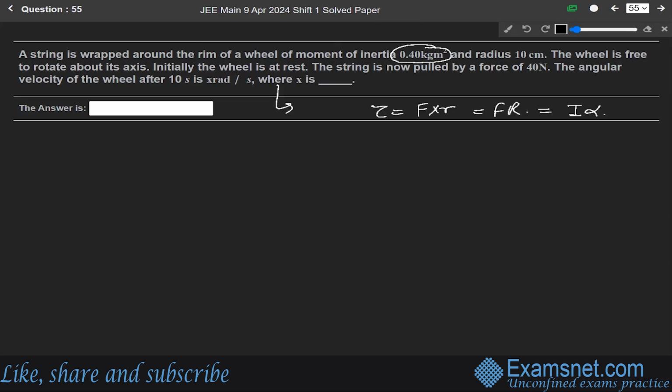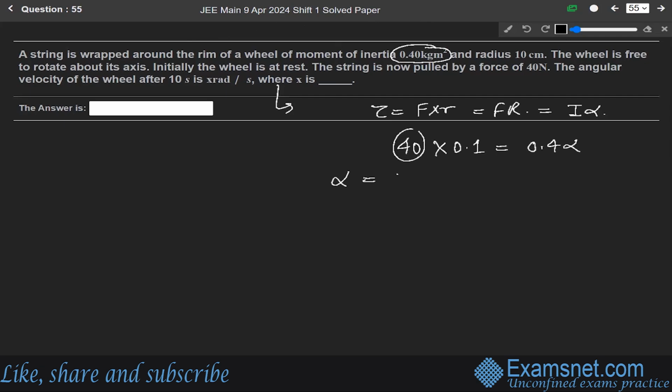So it will be 40 into 0.1 equal to 0.4 alpha. Okay, and alpha is equal to here 10 radian per second square now.